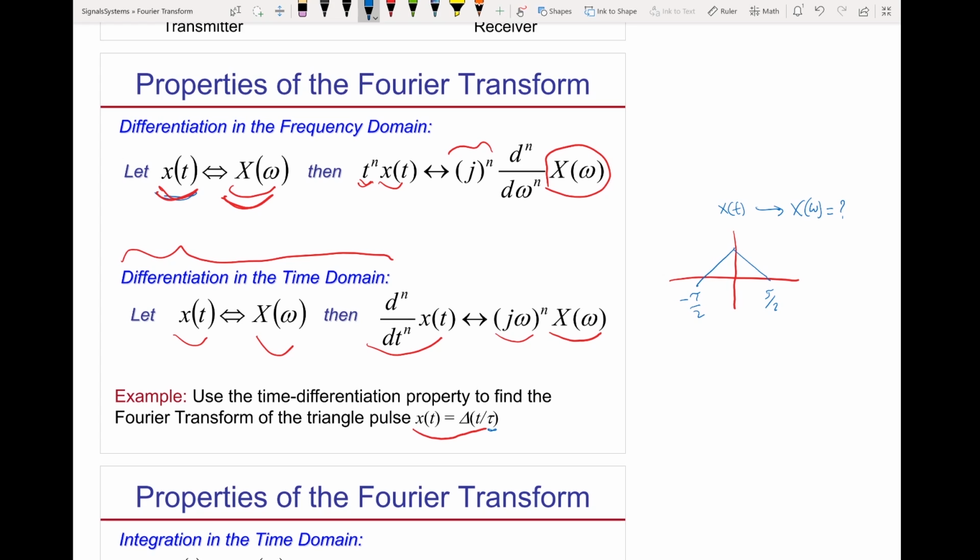The other way is to use properties. If I take the derivative of this one, this is a ramp, so the derivative will be this one. This is a ramp with a negative slope, so it's going to look something like this. I'm not going to go into the detail of the solution because we solved it in the Laplace domain. It's in the textbook. So this is dx of t over dt.